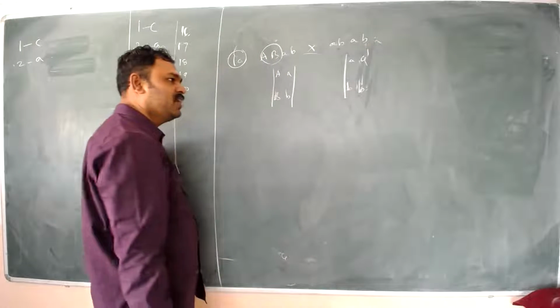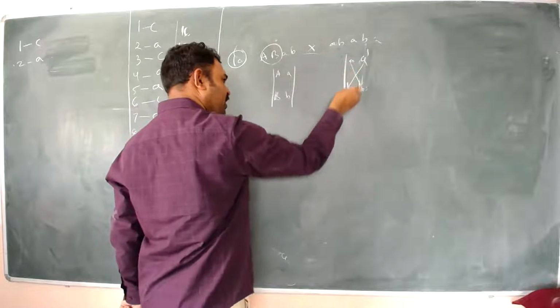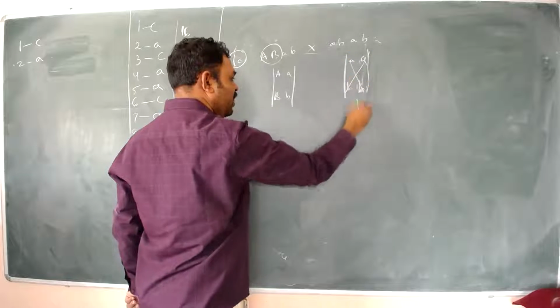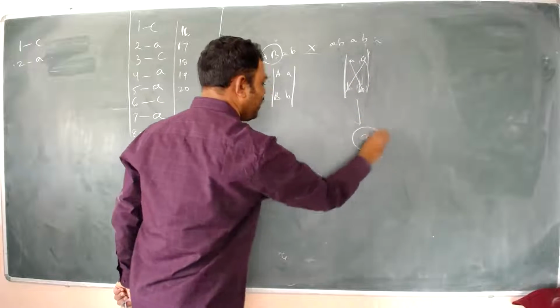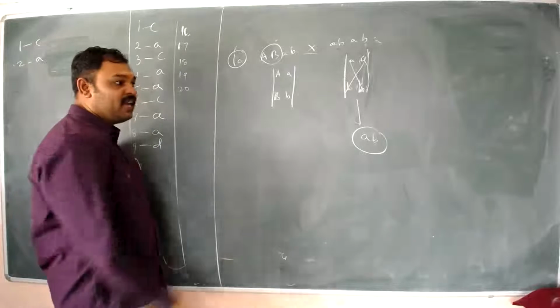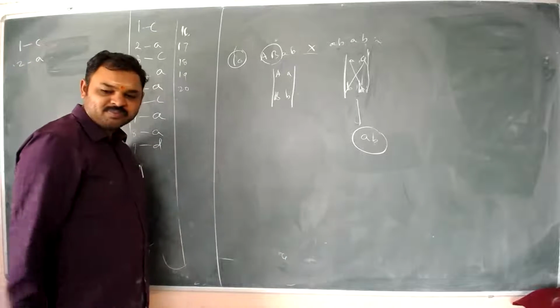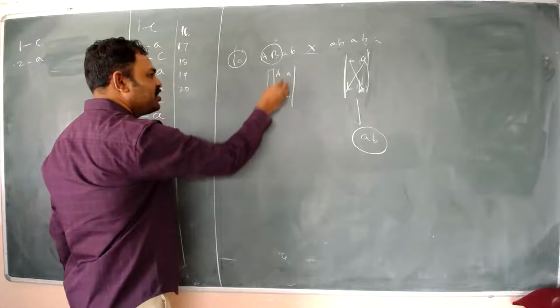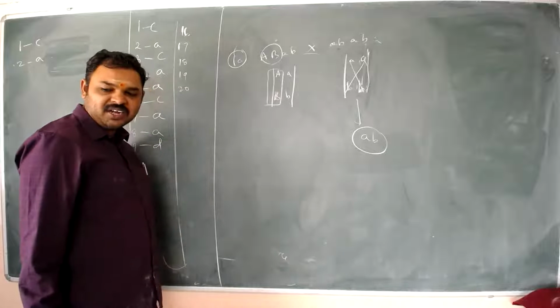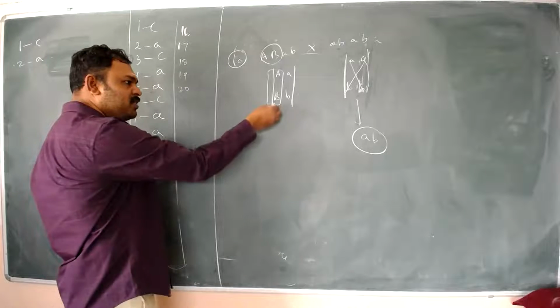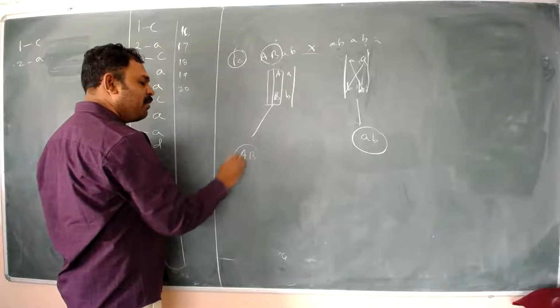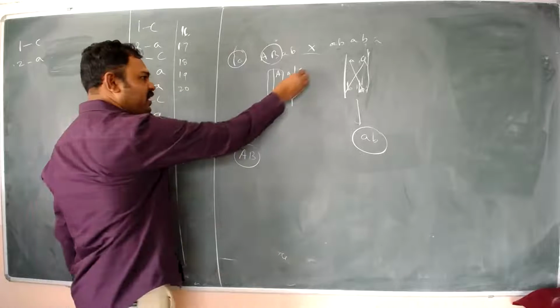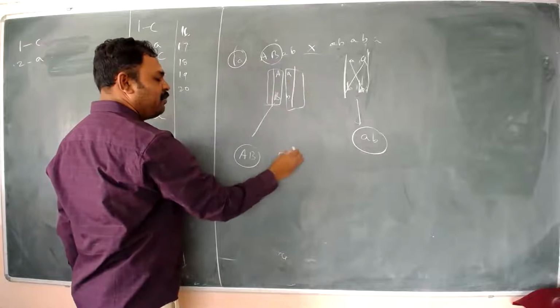So in homozygous condition, whether you take cross or linkage, what type of gamete will come? AB only. How many types of gametes will come? AB linkage means AB gamete only is coming.